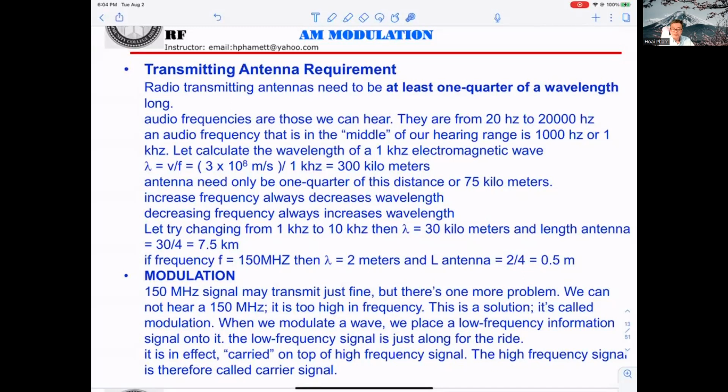So now they want to get another signal to carry your voice over the air. Okay, that's what they call a carrier.